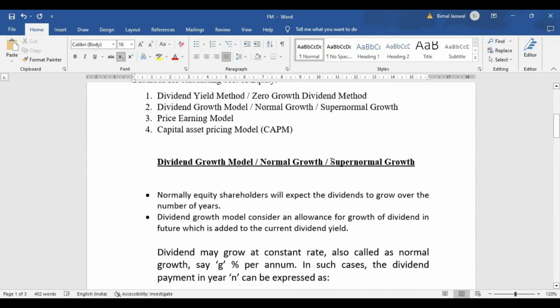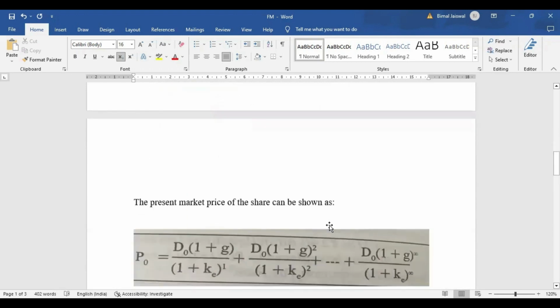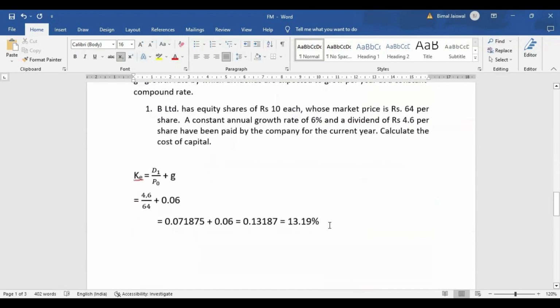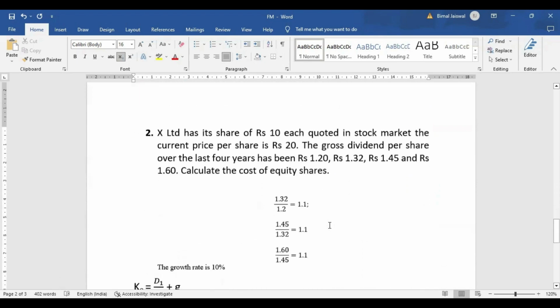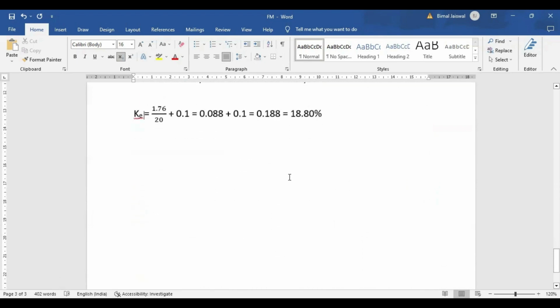Now, one more thing I have written, that is supernormal growth. Supernormal means that initially when the equity share is being launched in the market, due to the reputation of the company, or due to some good information about the performance of the company, the price of the share may shoot up. That is supernormal growth.